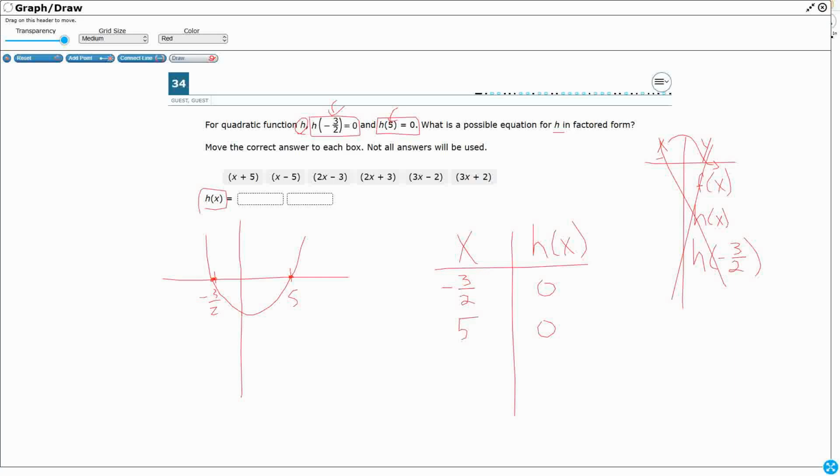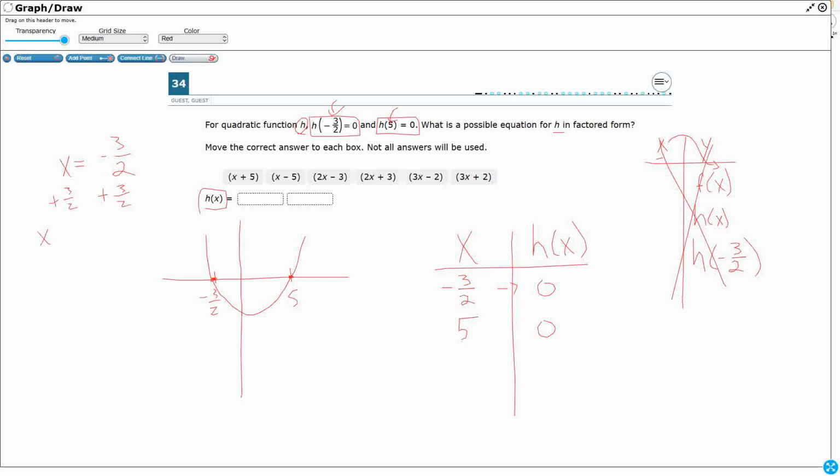Now we can turn these into factored form. Let's take this first one. If we know that x equals negative 3/2, we know that when x equals negative 3/2, y equals 0. So what I want to do is set this equal to 0. I want to get rid of this negative 3/2, so let's add 3/2 to both sides.